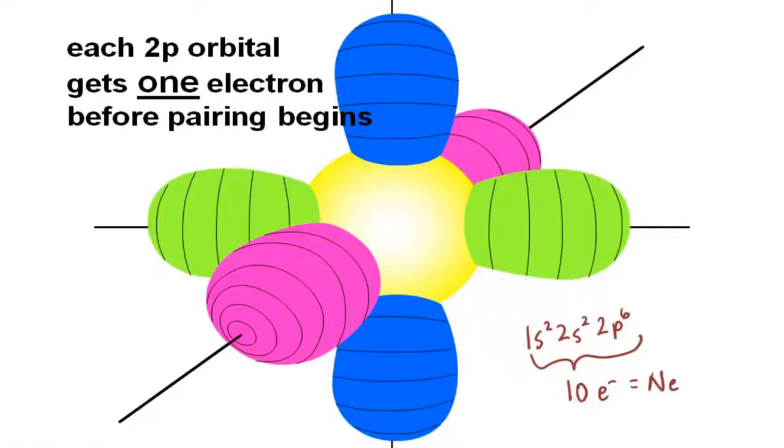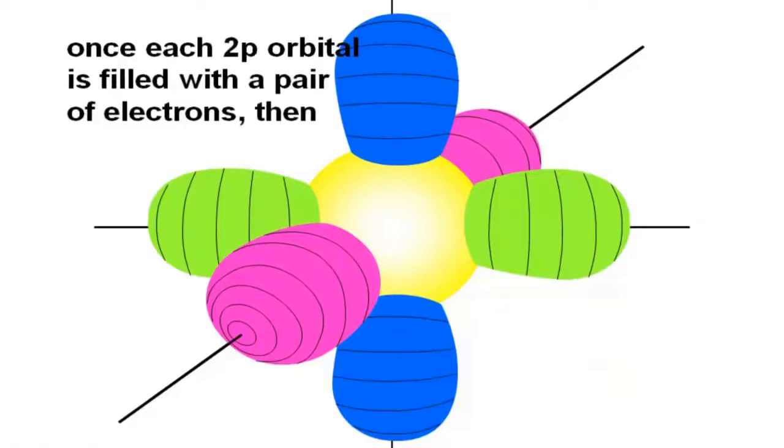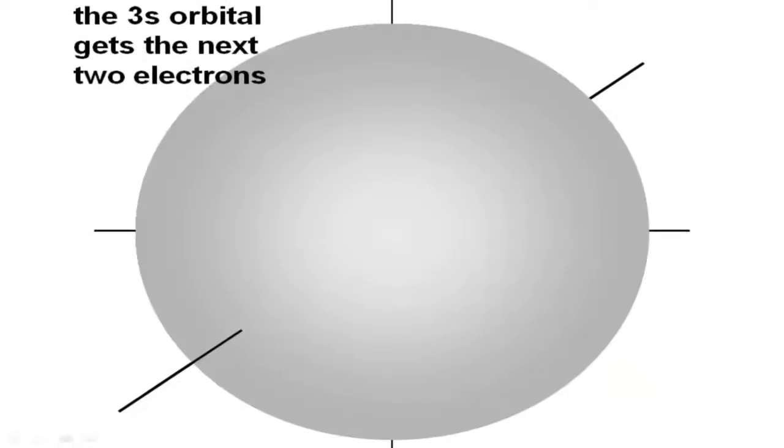But what about sodium? Sodium has 11 electrons. Where would that 11th electron go? As you might have guessed, it would go in the next highest energy level, the next highest orbital, and that would be 3s.